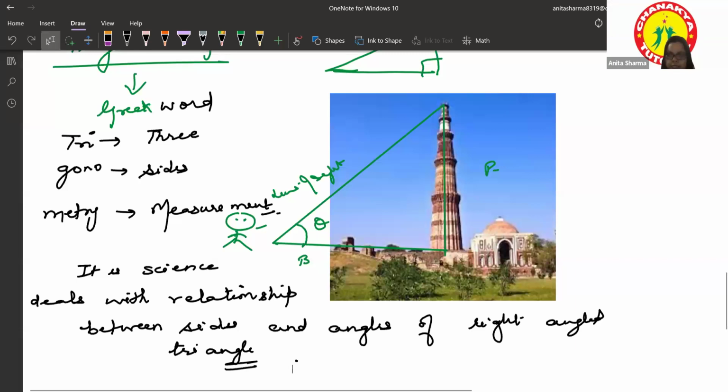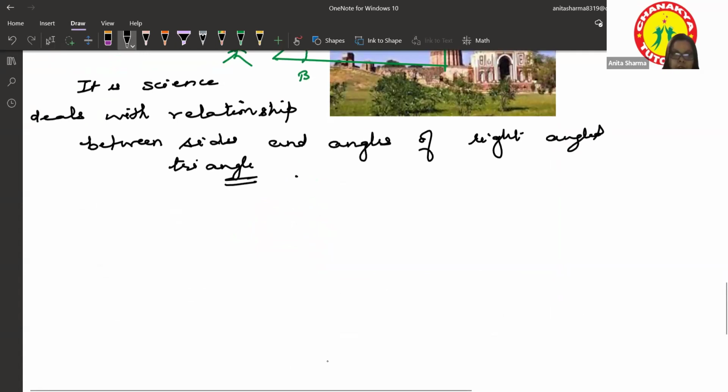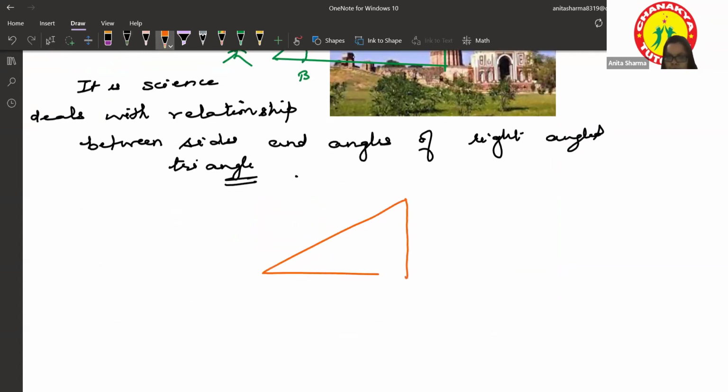So now, next we will move to our questions. First of all, this is your right angle triangle. The side opposite to the right angle is the hypotenuse, and this is always represented by the letter H. And the angle made by any observer with the ground to the top of any object is theta.